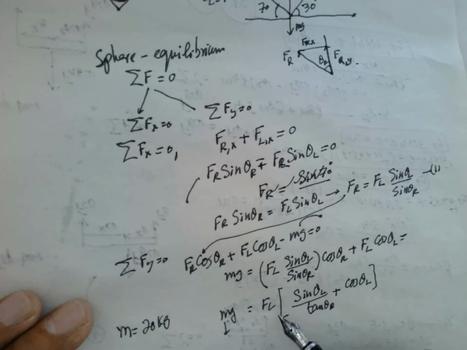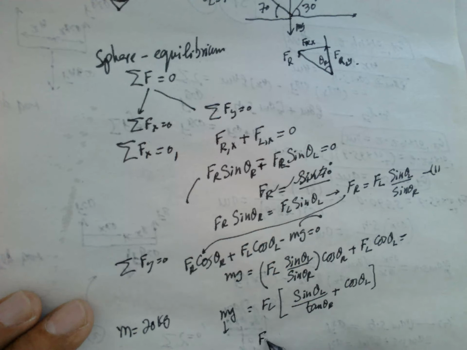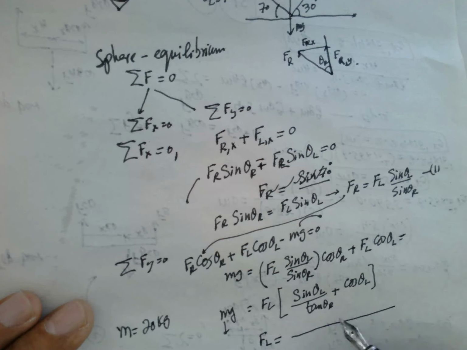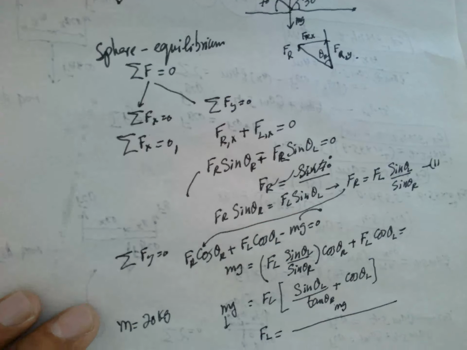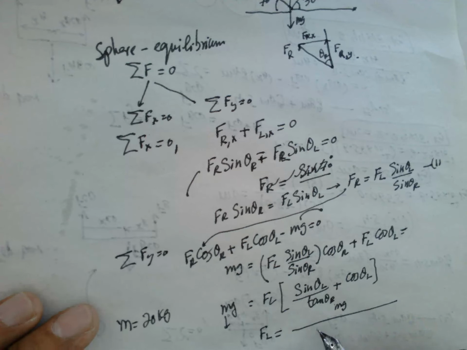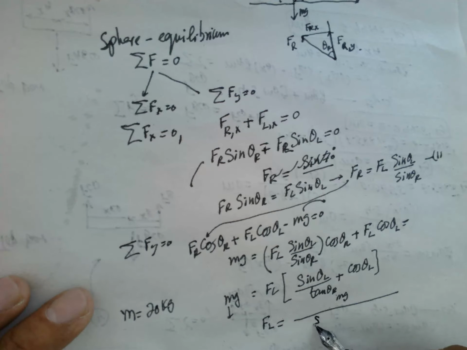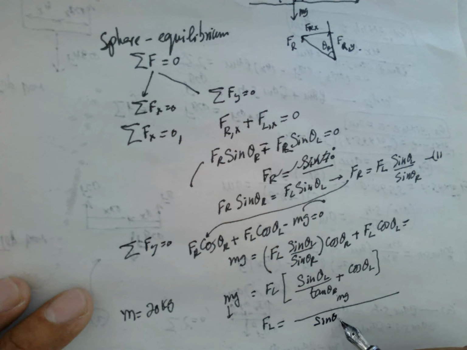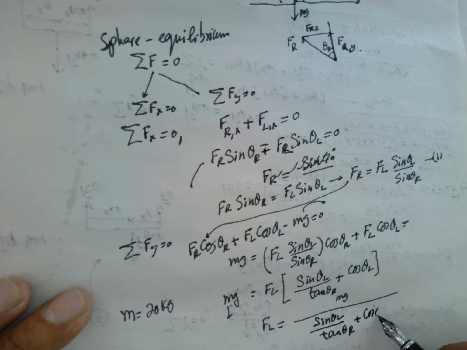So from here, F_L is equal to mg over sine of theta L over tangent of theta R plus cos of theta L.